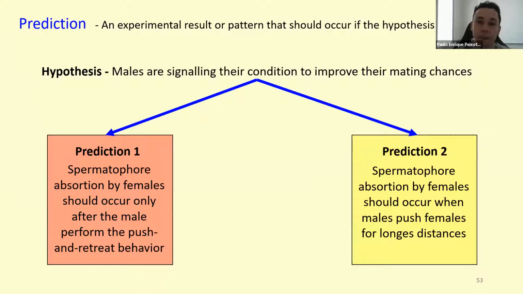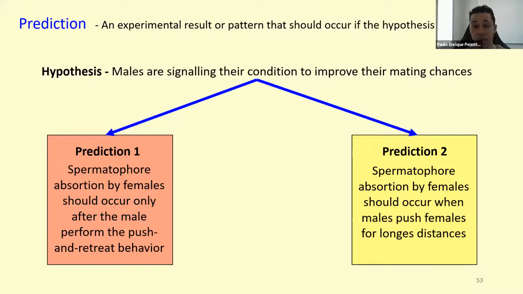And again, you could make more than one prediction, and there is no upper limit in the number of predictions that you could imagine for a hypothesis.